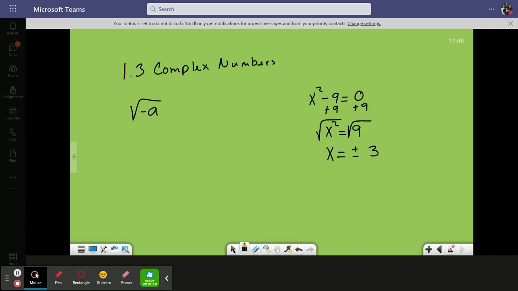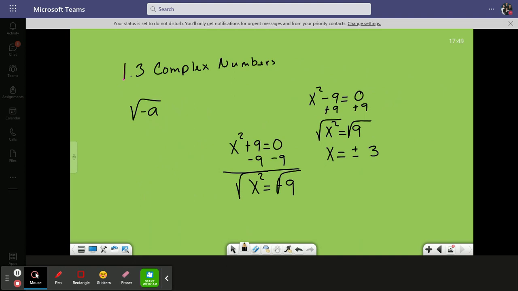However, what if this had said x squared plus 9 equals 0? And I subtract the 9 from both sides. Now I've got x squared is equal to negative 9. And I go to take the square root. But my problem is positive 3 times positive 3 makes positive 9.